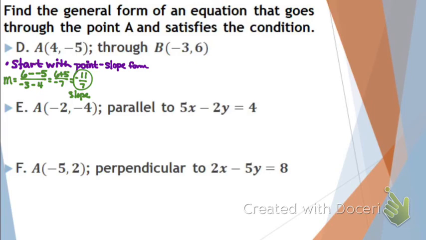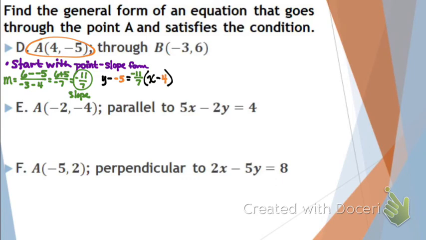All right. Point slope form, y minus, which point do you guys want to use? A or B? A. Okay, let's use A. So y minus what? Negative 5 equals negative 11 sevenths times x minus 4.